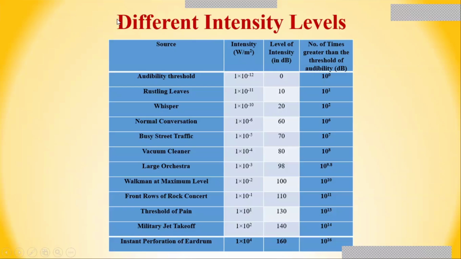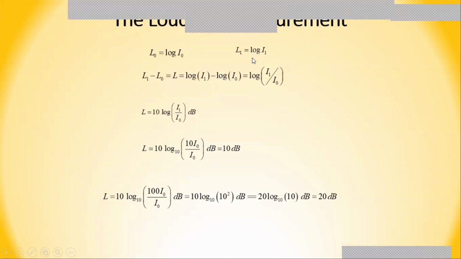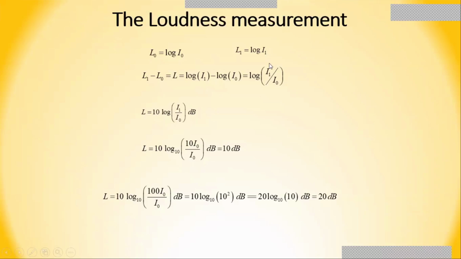Similarly, with reference to this reference loudness, let us consider another sound wave whose loudness is L1 and intensity is I1. As per the formula, I can write L1 is equal to log I1. Loudness is the logarithm of intensity.